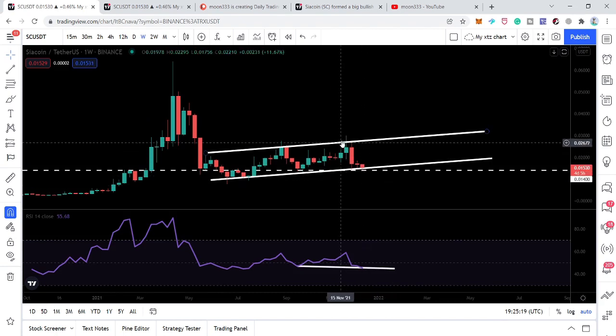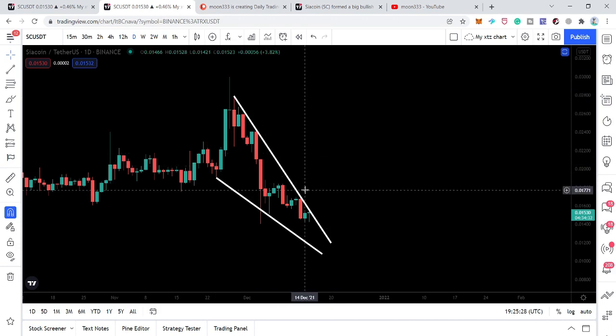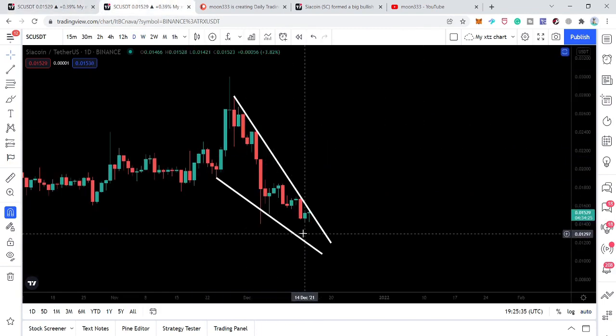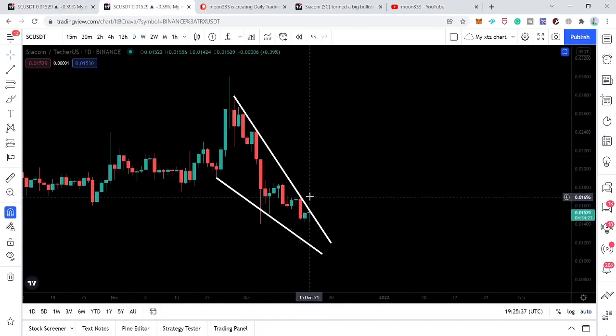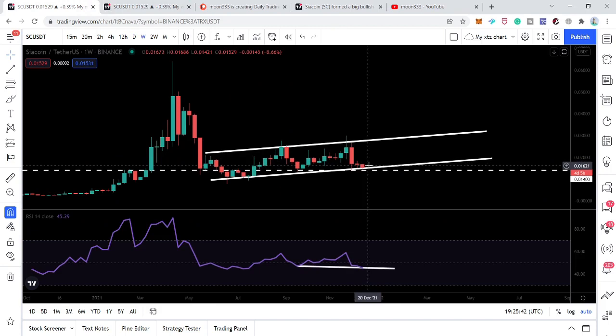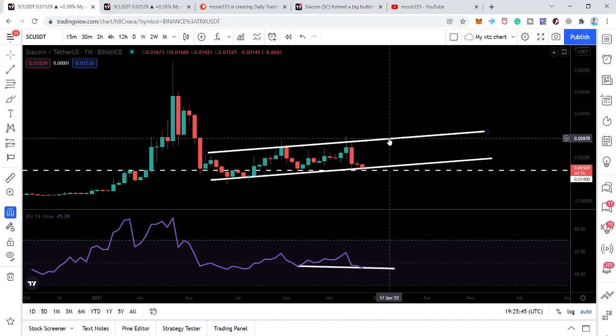At the same time, while we are at the support of a very big channel, the price line has also formed a falling wedge pattern on the 4-hourly time frame. So this can be a very nice entry: while we are at the support, if the price action breaks out of this falling wedge with powerful volume, that will be a confirmation that the price line can start the next rally, at least up to the resistance of this channel.